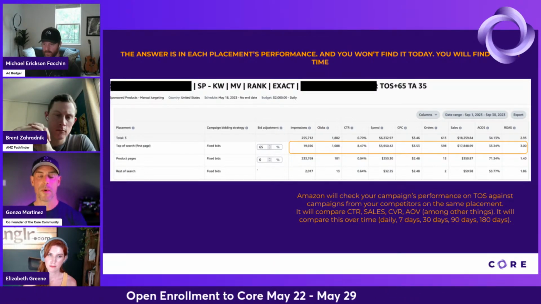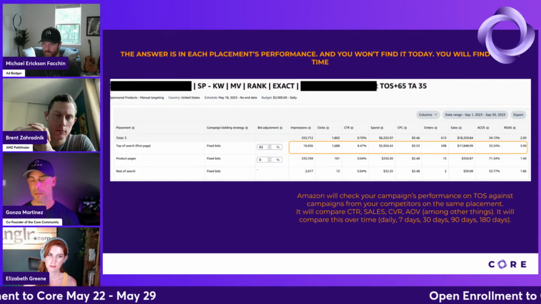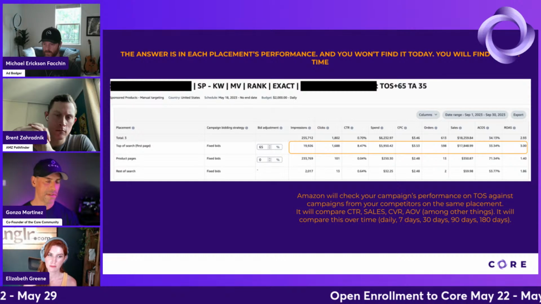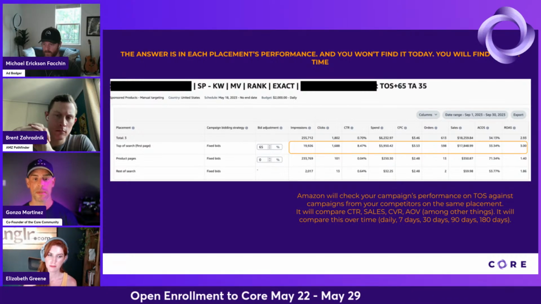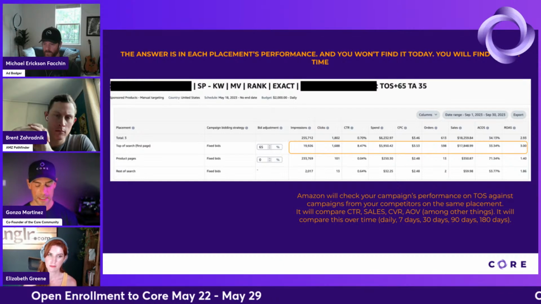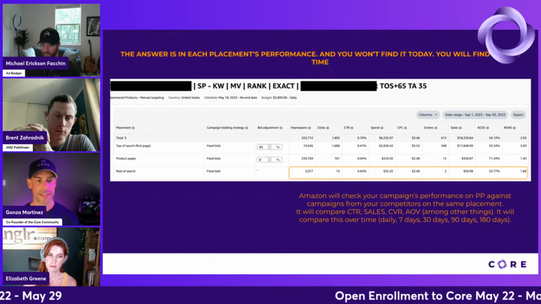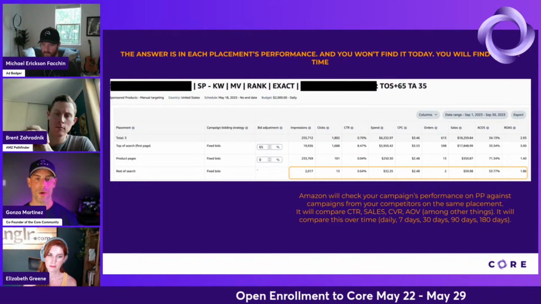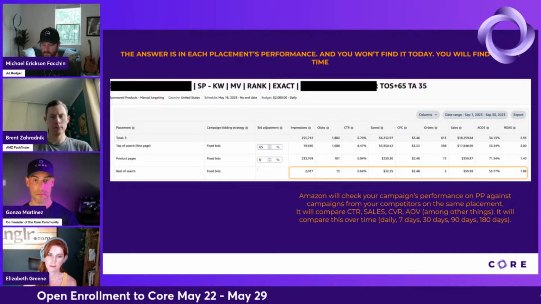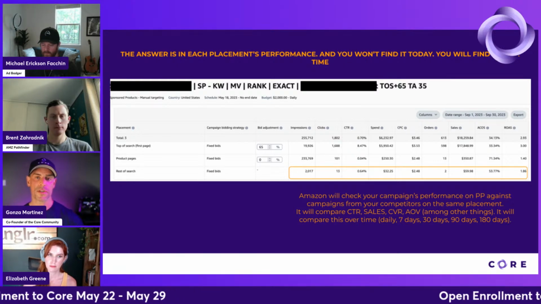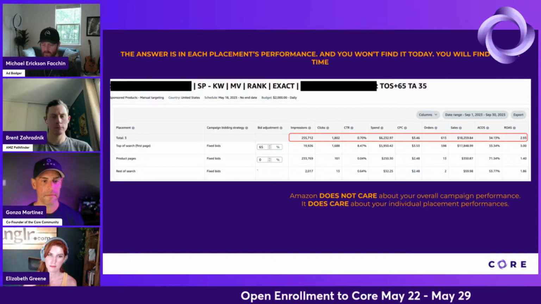And something that most sellers don't think about is your average order value, among other things, like how much inventory you're holding, et cetera. And it'll compare this over time: 7 days, 30 days, 90 days, et cetera. It'll do the same with product pages and rest of search. And only then will it decide, okay, this is how much money this campaign is making me, Amazon. This is how many impressions I'll assign to this campaign for tomorrow's time frame.